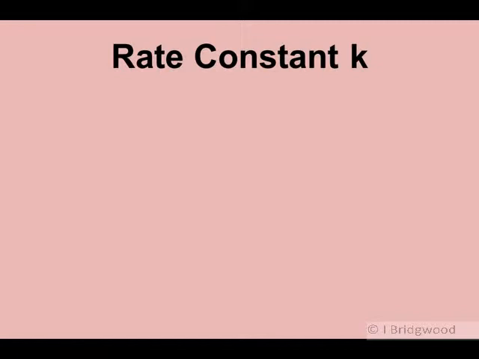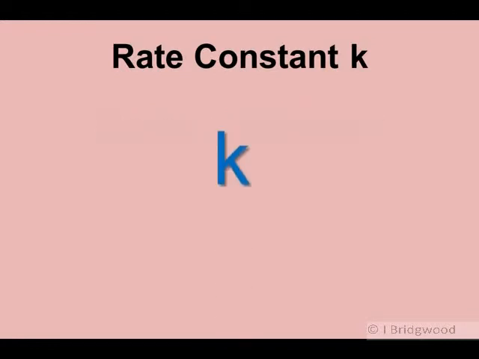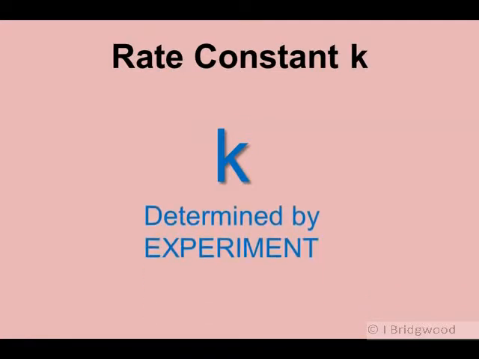Now, if we have our rate expression there, not only do we have the values of rate and concentration of A and B, we also have our rate constant k, lowercase k, as you can see in the middle of the equation. There it is. And once again, its value needs to be determined by experiment.